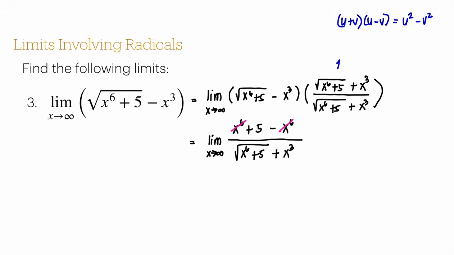This is still not yet in the 1 over x form, so we have to divide both the numerator and denominator by the highest degree term. When we extract the square root of x to the power of 6, it's x cubed, meaning we divide both numerator and denominator by x cubed.